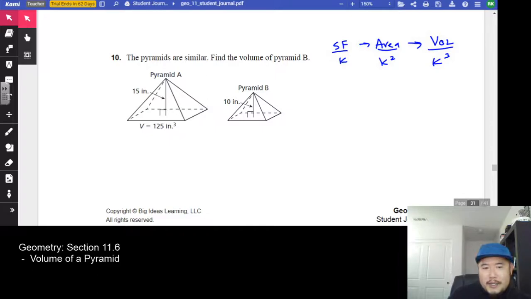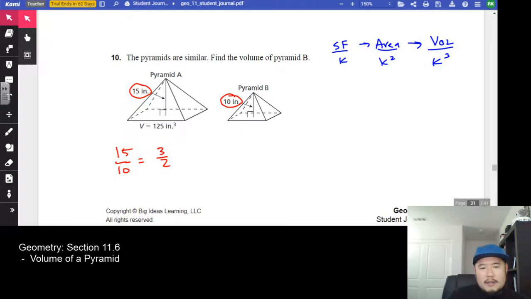They give us two sides, which happen to be the heights of the pyramids. We've got pyramid A over pyramid B, so I'll start off with 15 over 10. Let me simplify this down, and that tells me that based on the sides, the scale factor of this pyramid is 3 over 2.